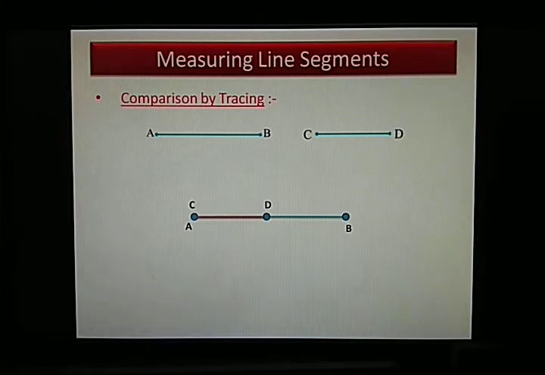Also in some cases this line segment may exceed the other line segment, it might cross it. In that case also we might find it a little bit difficult to compare. So taking into account all these demerits, even this method is not found to be suitable for measuring line segments.